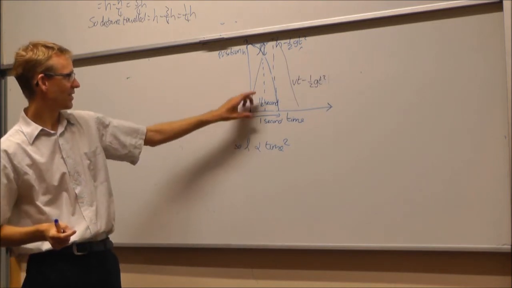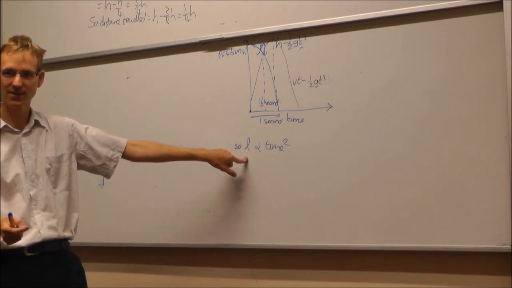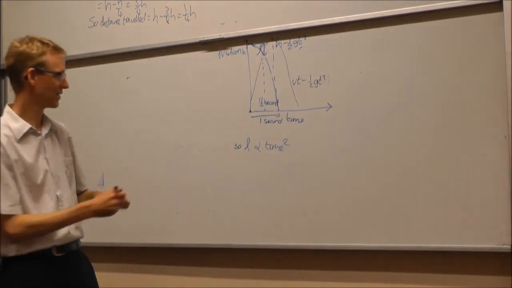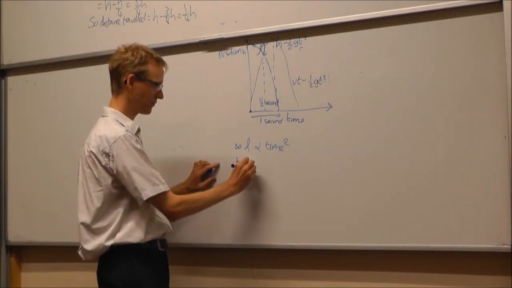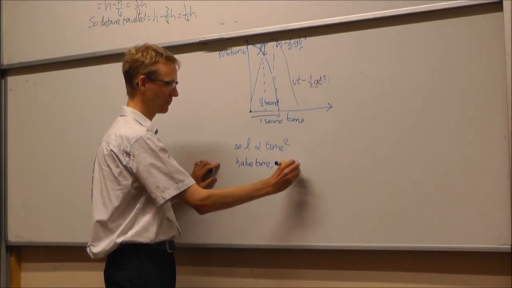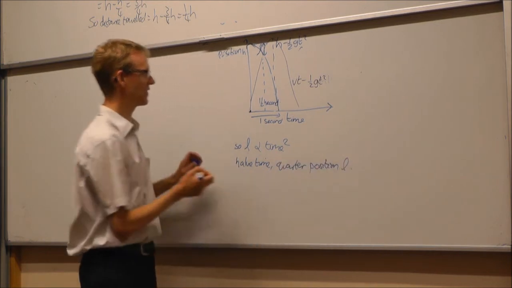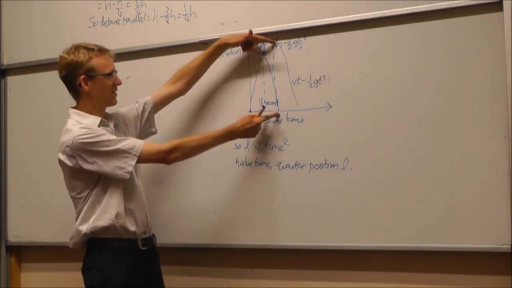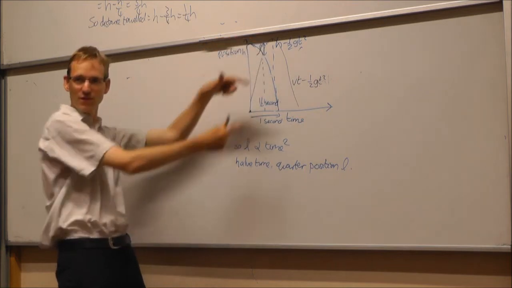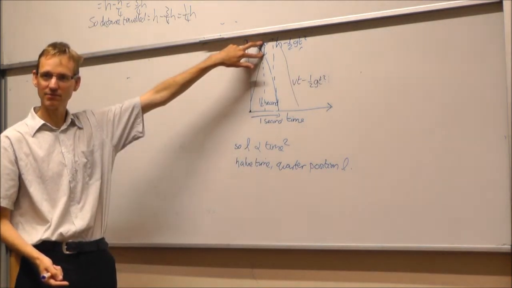So if you halve the time, you're going to quarter the position. So if it's h at 1 second, it's going to be h over 4, the distance moved at half a second.